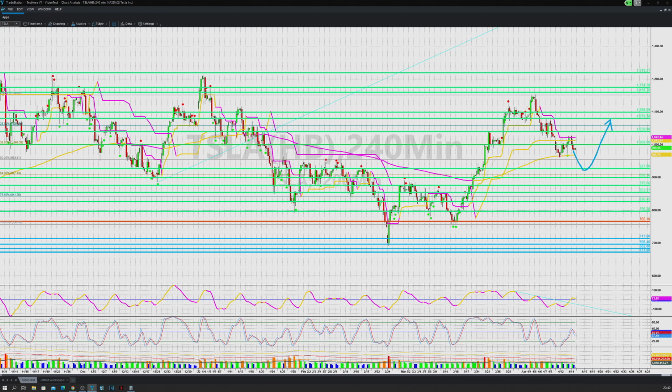A little bit confused with it because the buyers came in at 988. The buyers came in. The sellers weren't afraid of this move up or of this pressure, and you don't see the volume coming up.